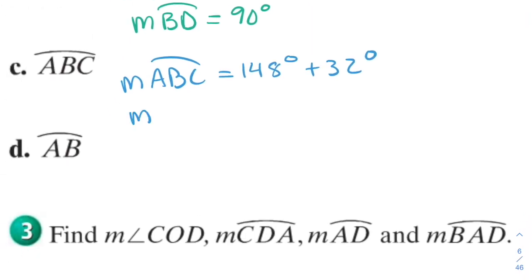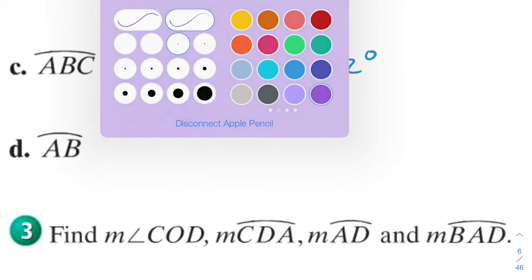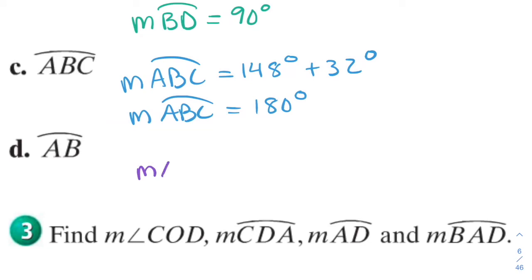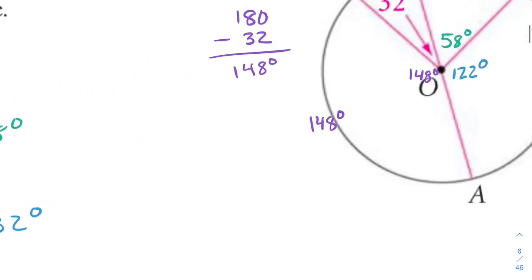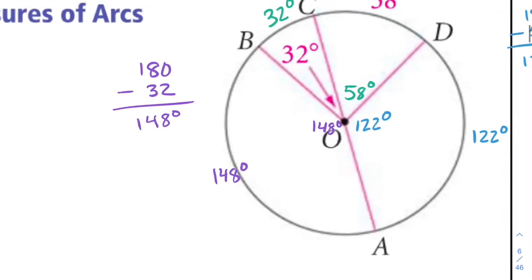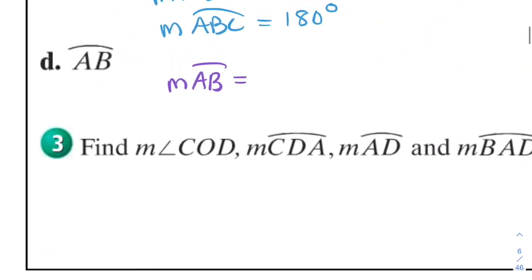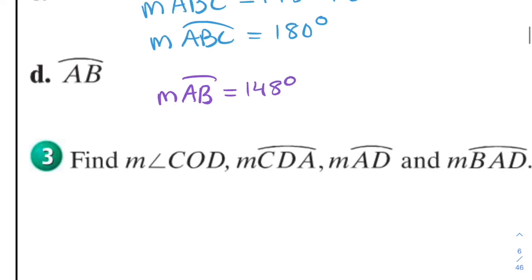So measure of arc ABC is 180 degrees. The last one, measure of AB is 148 degrees.